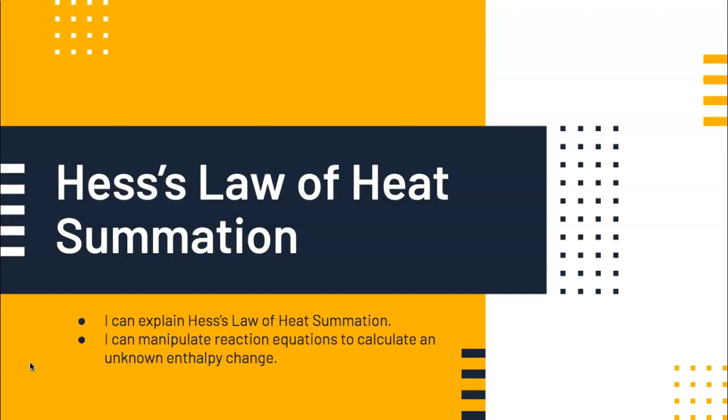He was actually doing research on hydrates of sulfuric acid and realized that he could start with different intermediates, so different products that would eventually get him to the same final product, and they would always release the same amount of heat, which is exactly what Hess's law is.